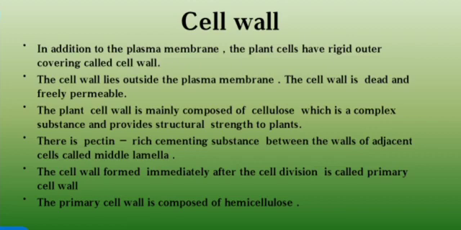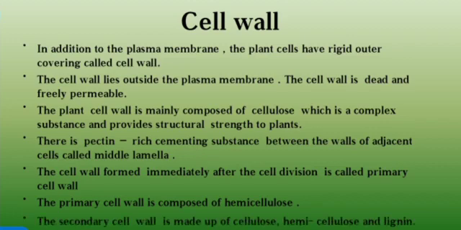The secondary cell wall is made up of cellulose, hemicellulose and also another chemical substance called lignin. Lignin helps in giving structural strength to the cell wall.